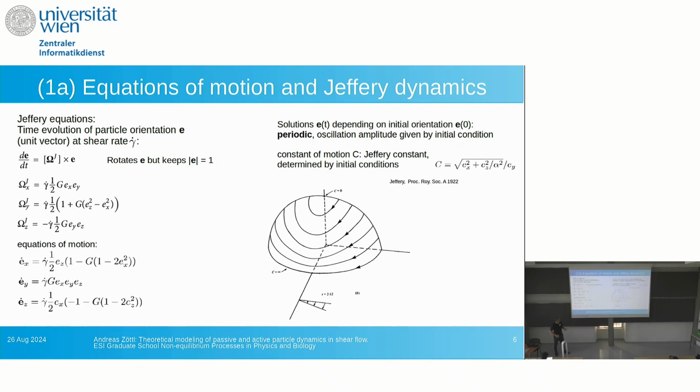Yeah, and this is given by this Jeffrey constant, C, given by the initial conditions, Ex, Ey, and Ez, and it depends on the aspect ratio alpha of the particle.